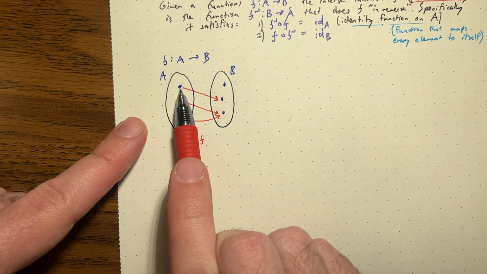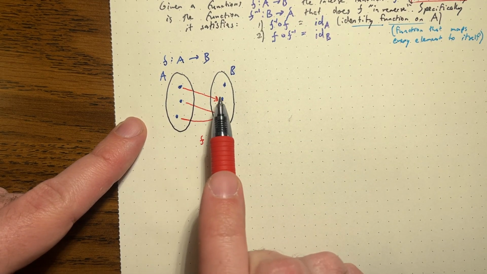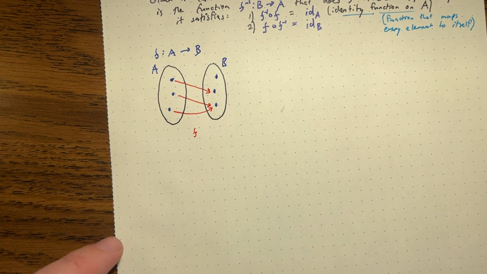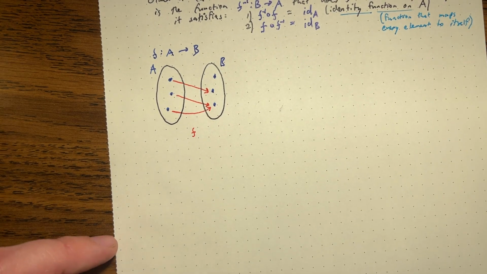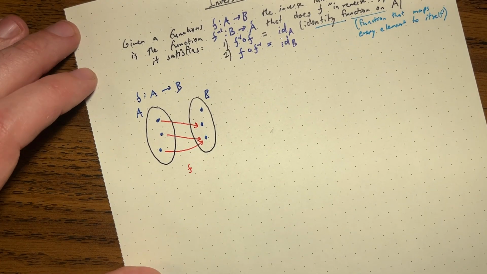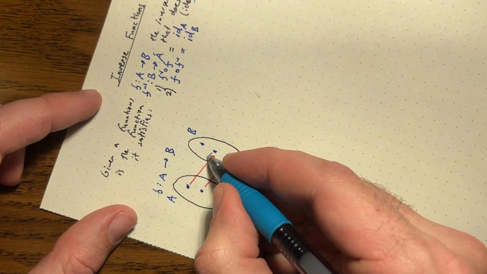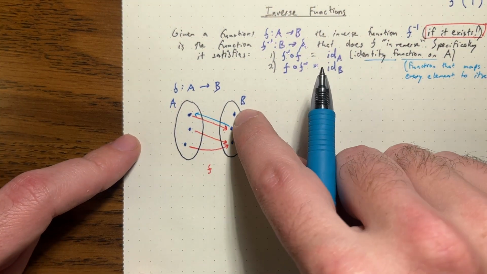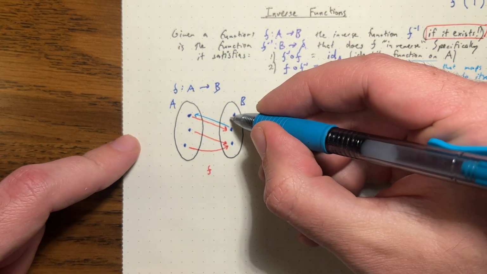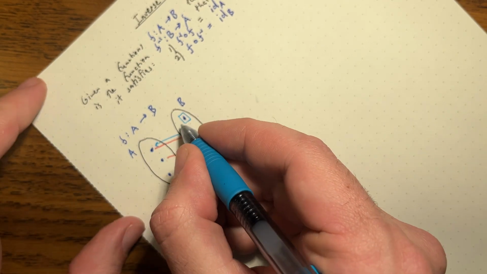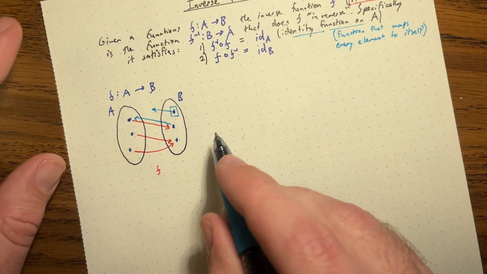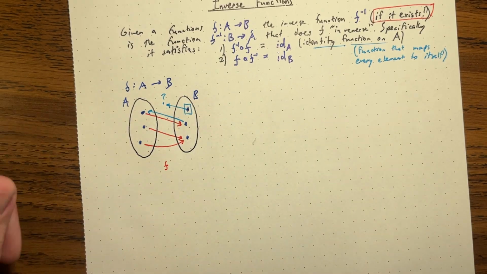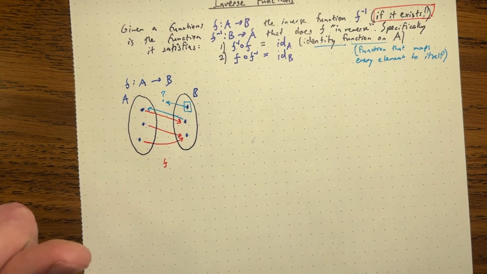Notice it maps every element in A to exactly one element of B. That's what we need a function to do. And the question is, can we just reverse the arrows? Well, sure, we can reverse this one, right? What about this dot here, though? We have a problem. In order to find a function on B, that would need to go somewhere, but it's not coming from anywhere, right? So that's a potential problem.